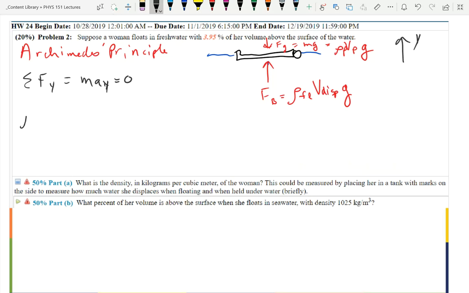So that means I have density of the fluid times the volume displaced times G is equal to the density of the person times the volume of the person times G. What's the first thing you would do at this point? Check to see what we're looking for. What are we looking for? Density of the person. So I'm going to divide by everything that's not the density of the person on the right-hand side.